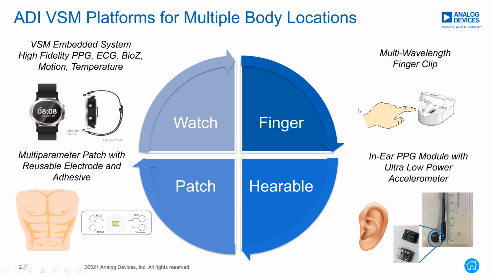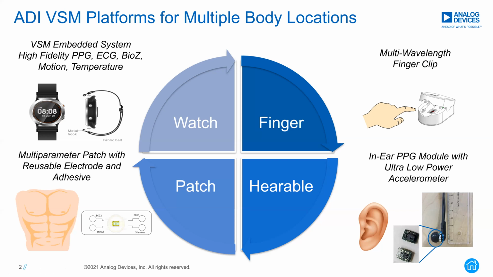When we talk about VSM platforms, there are different areas where the sensing goes in, mainly starting from the wrist or hand, where we see, as Wasim mentioned at the start of his talk, lots of variables moving from typical health applications more towards the clinical side of applications.